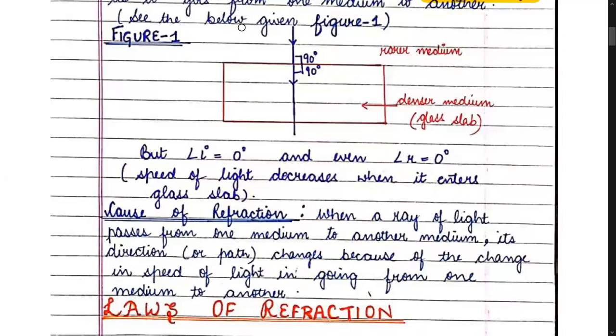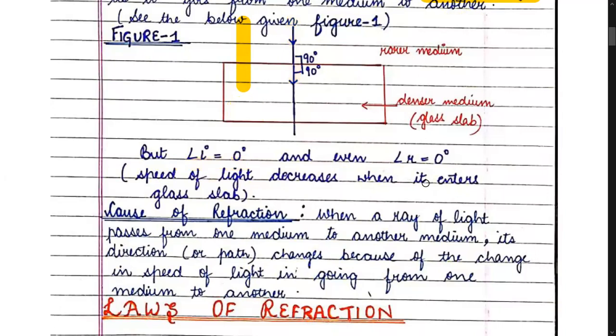Because angle of incidence is the angle between normal and incident ray. Since both are parallel to each other, therefore angle of incidence is 0° and angle of refraction in this case will also be 0°.